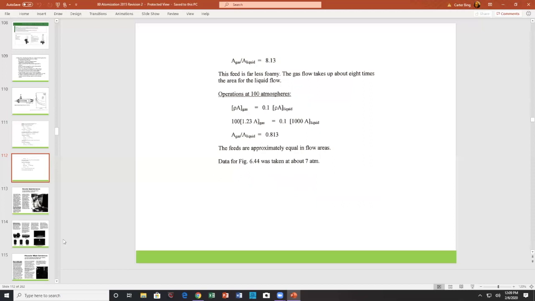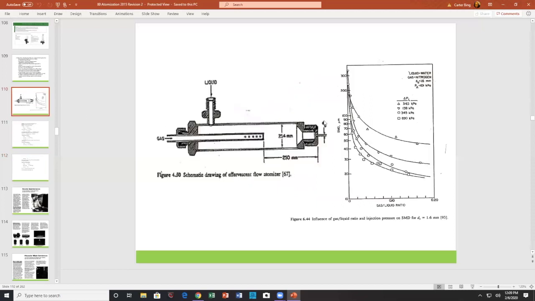Kind of an interesting calculation. In other words, what you're doing is you're not necessarily feeding a liquid, but you're feeding foam. Potentially foam, if you've got good gas liquid mixing going on. The other kicker would be if you get rid of the gas, heat the liquid up, put the heated liquid in here, and blow it out.